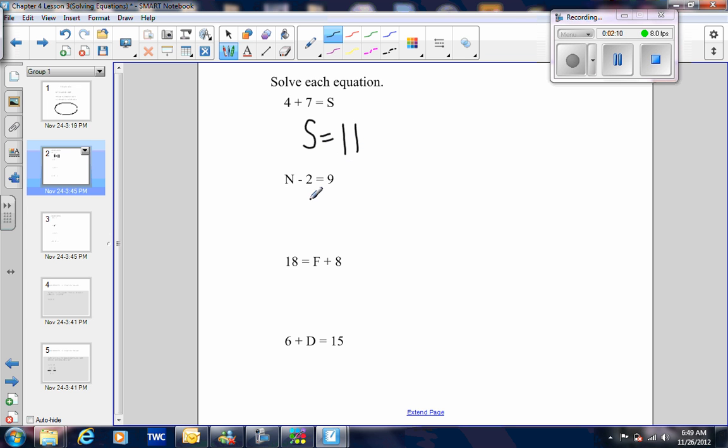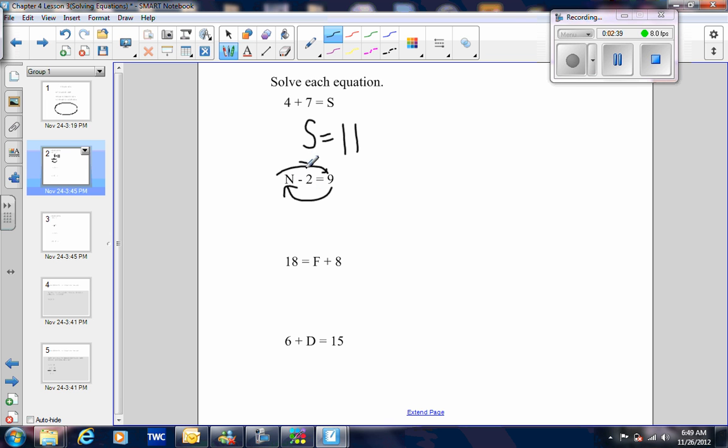All right, this one you can see that n is not by itself. It's with minus 2 here. So we would like to get it all by itself. So I'm going to pull out these curved arrows I was talking about before. If I'm subtracting in this direction, then I should be able to start here at the end and work all the way back in this direction by doing the opposite.